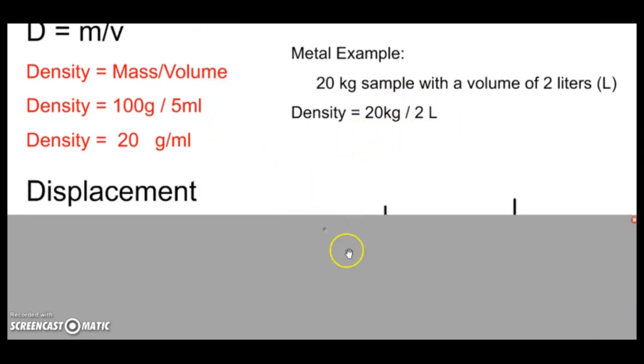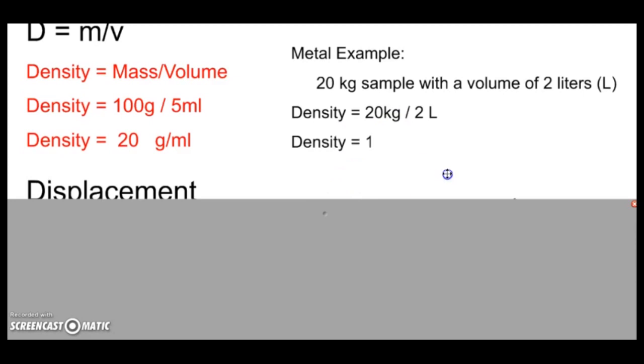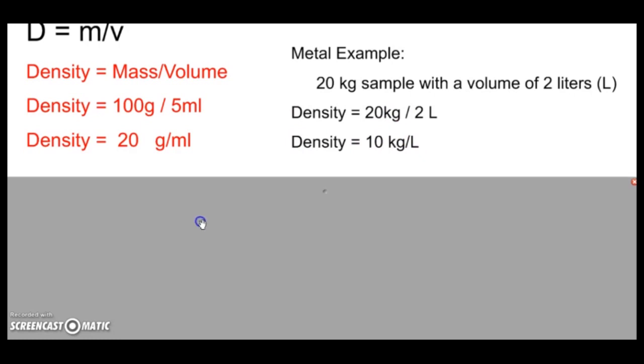Now the answer, obviously, is 10, but the units are not going to be the same. The units for this example is going to be kilograms per liter. 10 kilograms for every liter. So that's our density.